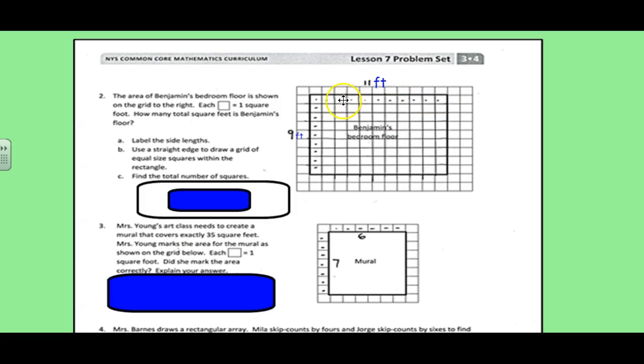You see that they've got dots right here on theirs just because they were looking at the side lengths to figure out what the area was instead of counting every square inside of this one. That was a good way to find the area. If that's what you did, then good job, because it takes a long time to count all of these squares. So the total number of squares is going to be 99 squares, and that's what you needed to put for C.